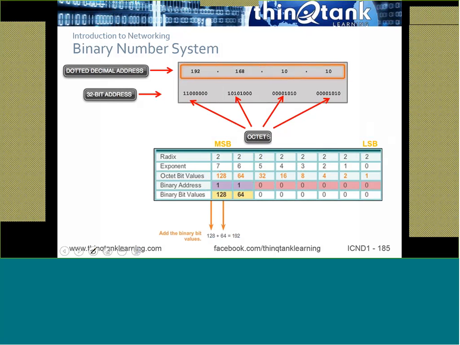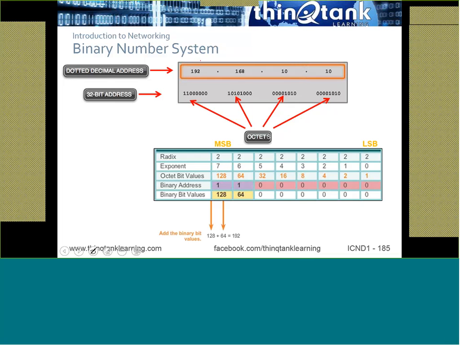Very simply, if I want to represent a binary number as a decimal number, I add up the columns that have a 1 associated to them. So in this case, the 128 and the 64 columns are turned on. Add 128 and 64, you get 192.